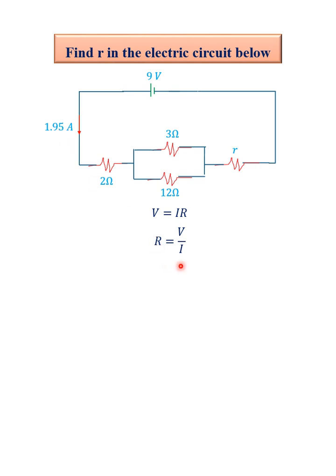So R will be equal to 9 divided by 1.95, and that is equal to 4.62 ohms. What it means is that the total resistance offered by the circuit here should be equal to 4.62 ohms. So if we are able to add up all the resistances, including R, and equate it to 4.62, we can obtain R from it.